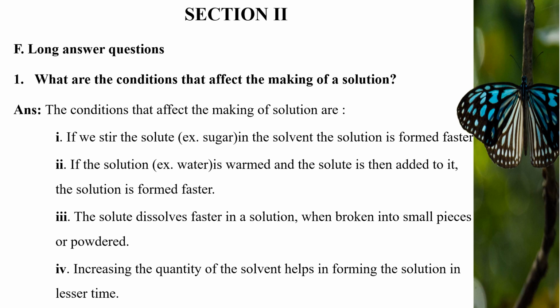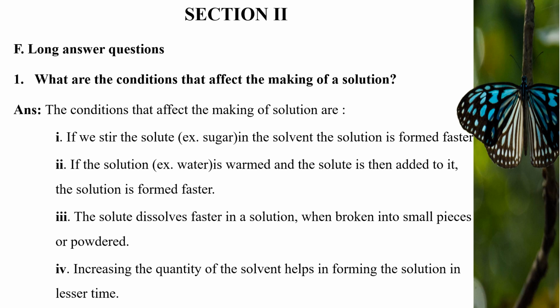Long answer questions. First, what are the conditions that affect the making of a solution? Answer, the conditions that affect the making of solution are: first, if we stir the solute, for example sugar, in the solvent, the solution is formed faster.